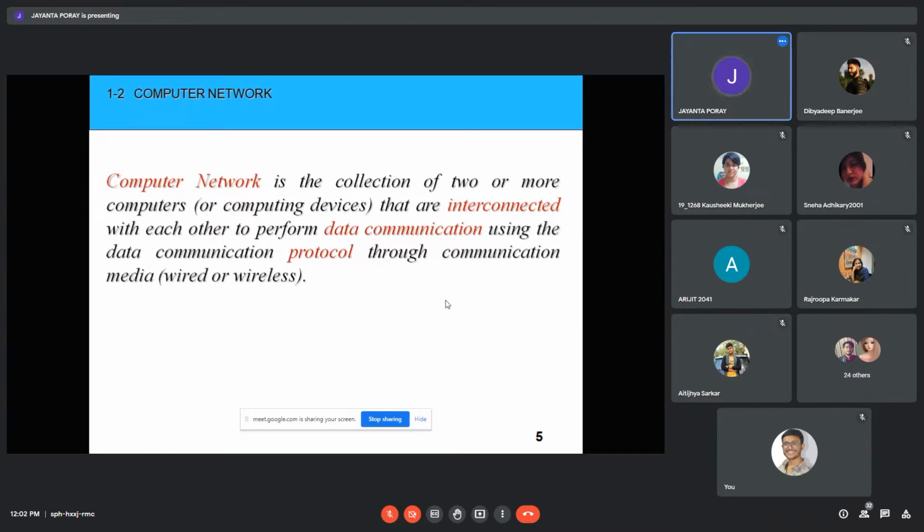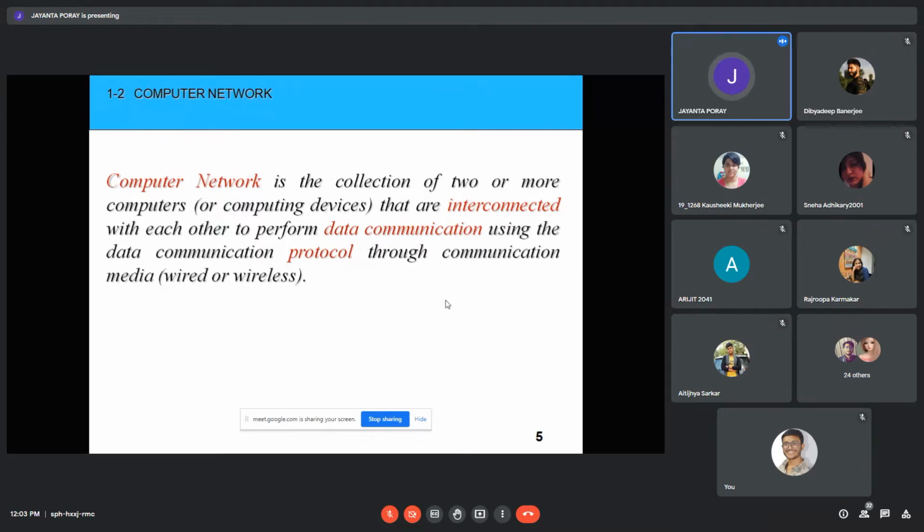So that means by using networking components, we get the computer network infrastructure. That is the interconnection between two or more computers.